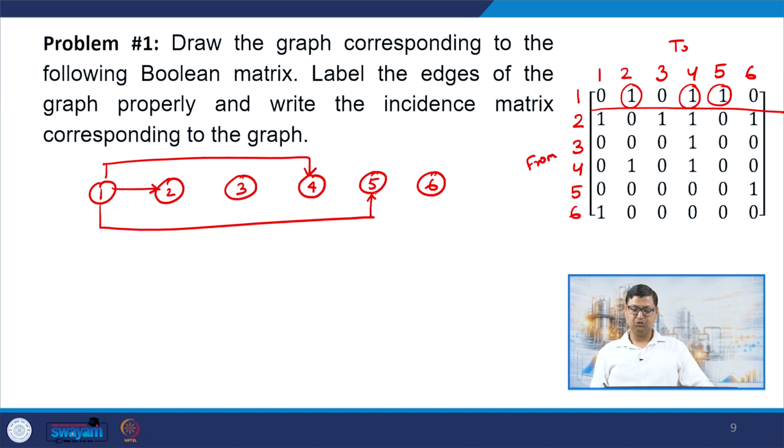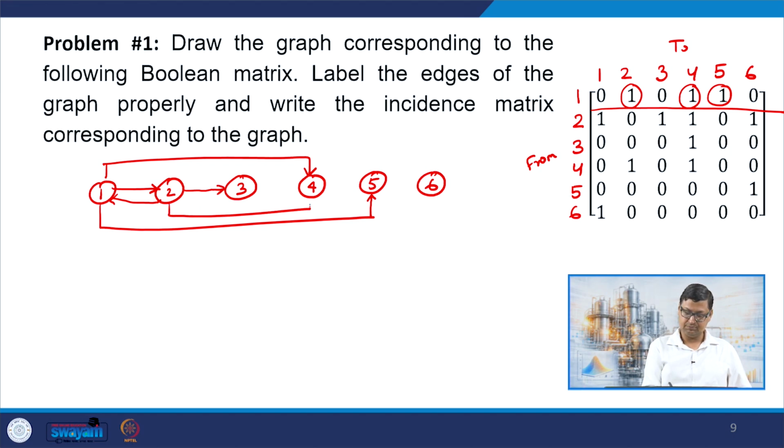And then from 2, I can draw lines to 1, then 3, and also 4. And from 3, I can draw a line to 4. From 4, I can go to 2 and 4. So I need to come back, right?